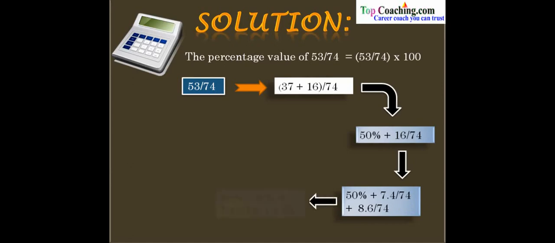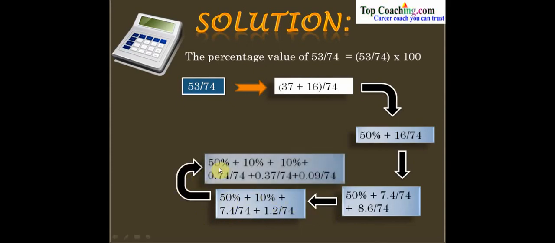So this further becomes 50% plus 10% plus 1.2 by 74, as we have expressed 8.6 as 7.4 plus 1.2. So this finally becomes 50% plus 10% plus 10% because of this, plus 1.2 could be further written as 0.74 plus 0.37 plus 0.09.